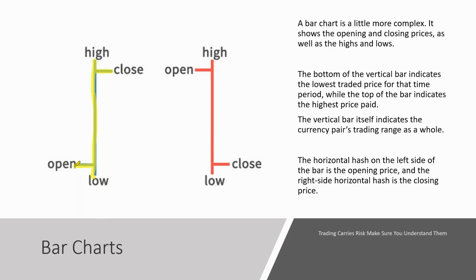Now, if we stepped up from the open to the close, so imagine this is a ladder, and we climb up the ladder, that is a bullish session. Tells us the bulls were in control and the market's moving in a positive or long or upward direction. The reverse is when the open is higher than the close, or we would have stepped down the ladder.